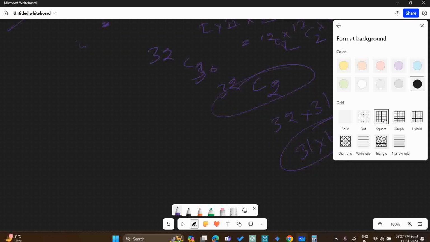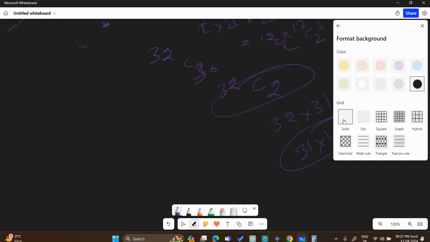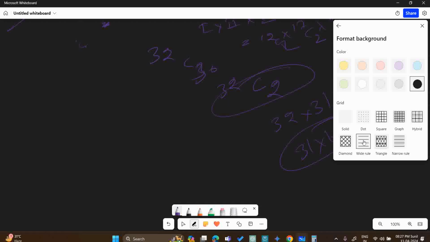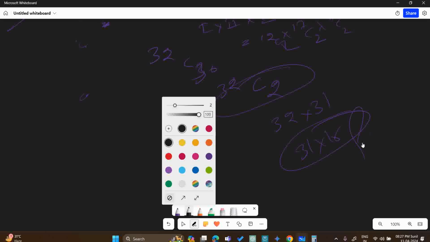Square, dot, solid. Dots are good, I think. Wide rule, narrow rule, no. Wide rule. Is it comfortable now? Let's change the color from black to white.